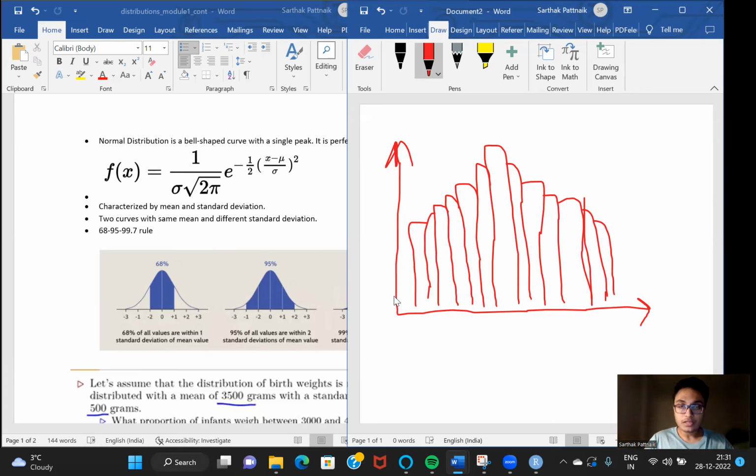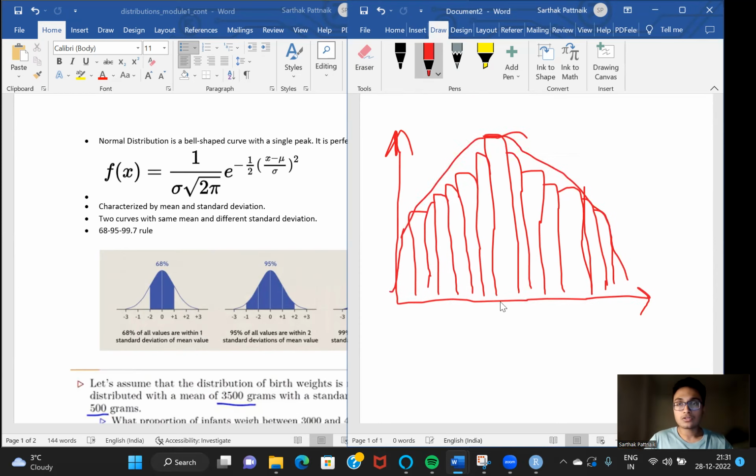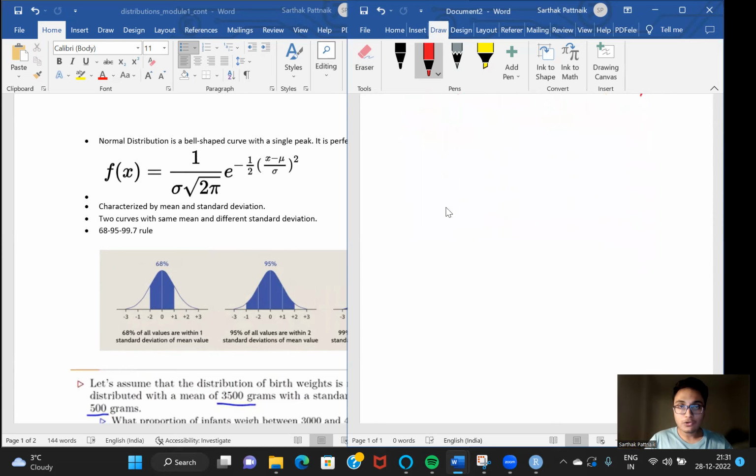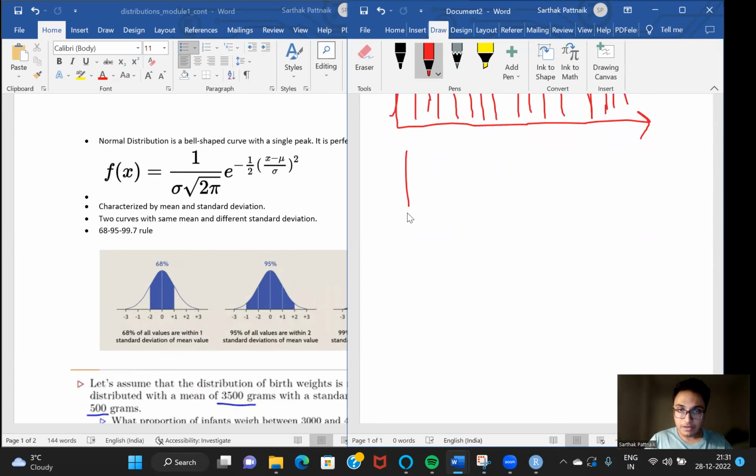If one has to make an outline on this curve, it will go somewhat like this. It will have a peak at the center and come down after that. If I draw this outline separately from the histogram, it will look something like this.